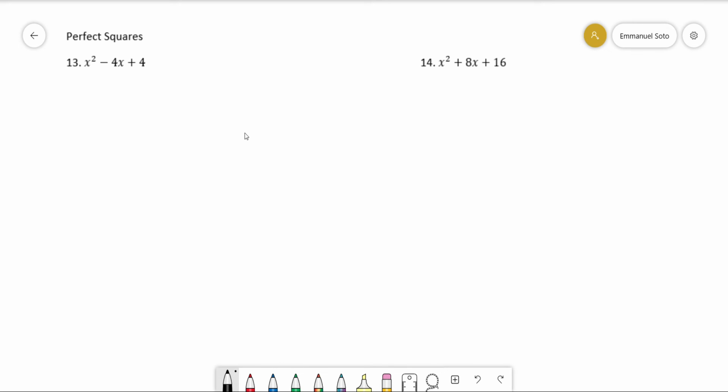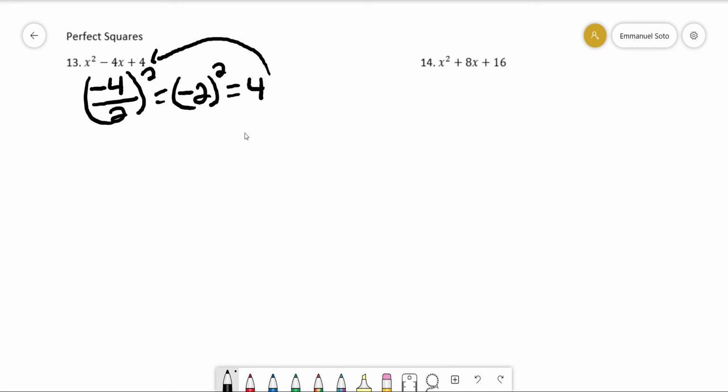If you take the middle term, negative 4, divided by 2, that is negative 2. Negative 2 squared is 4, and we got this term. It matches up. If it matches up, that means it's a perfect square, and you're going to take your negative 2 here and put it squared.